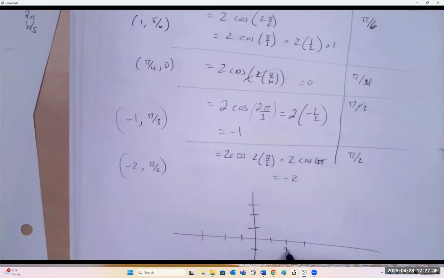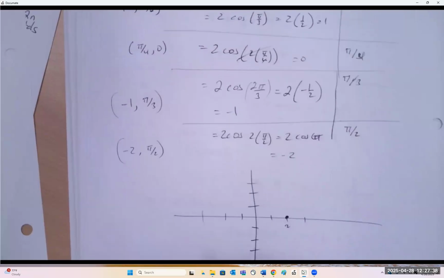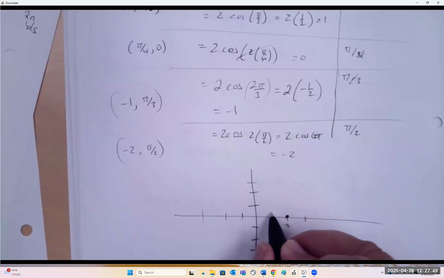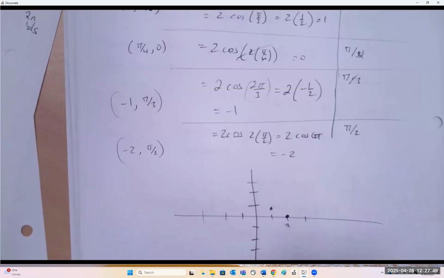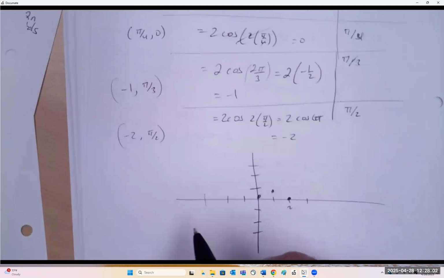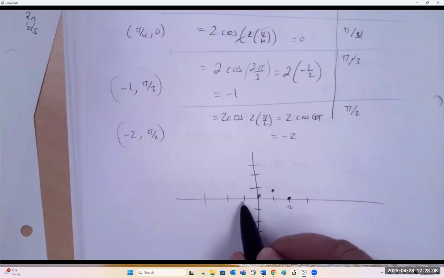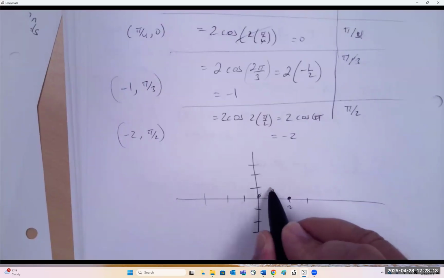Okay, so our first point at 2, 0. Pi over 6, so 1 at pi over 6 is down here. Pi over 4, 0. Negative 1 at pi over 3, so it's over here.